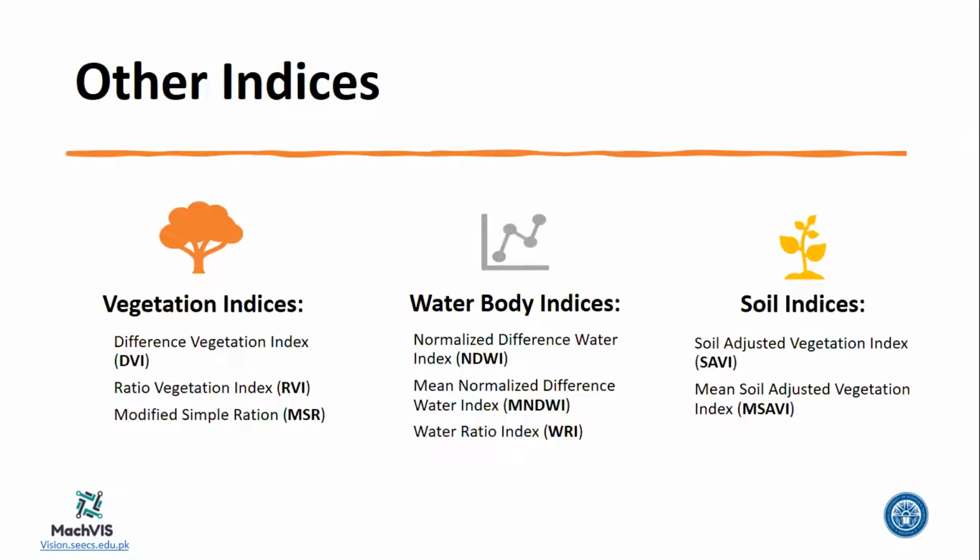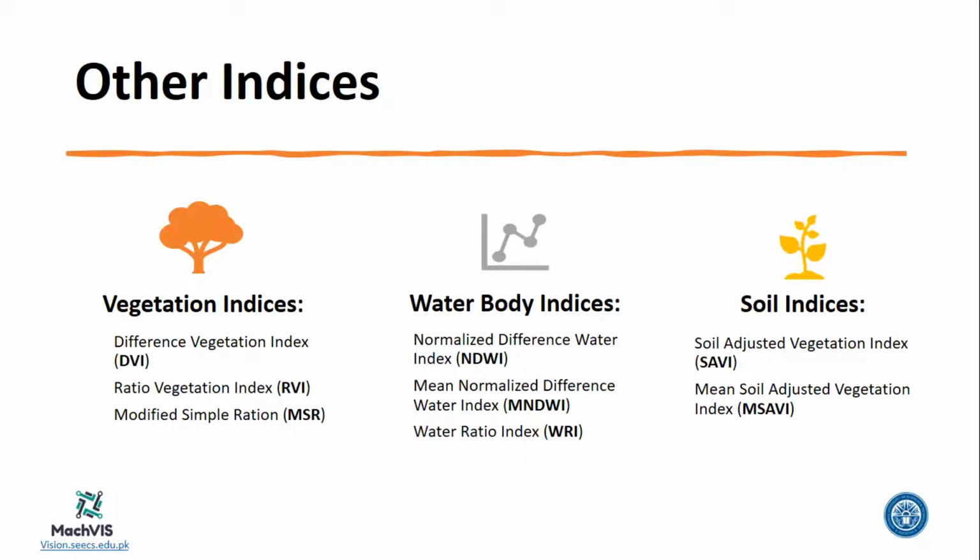Some other vegetation indices are DVI, RVI, MSR. For water bodies, we have different indices, NDWI, and for soil indices, the most often used is SAVI. So different fields of study, different indices.